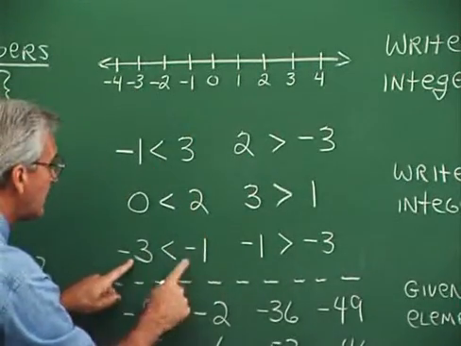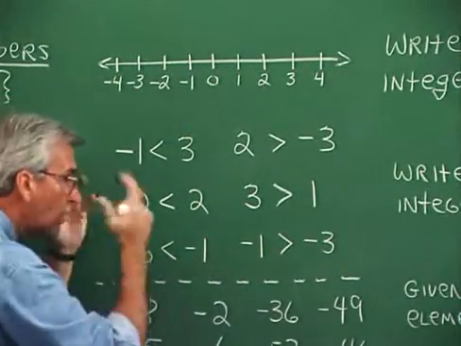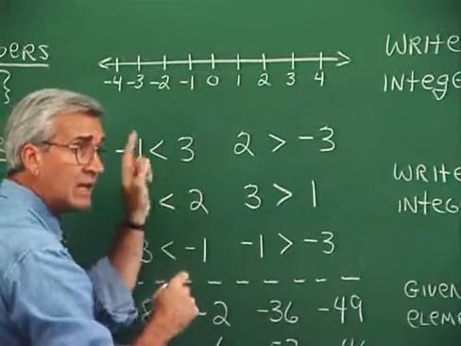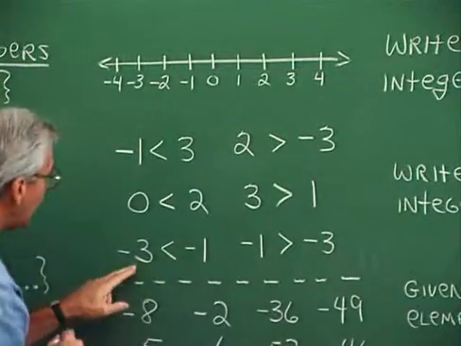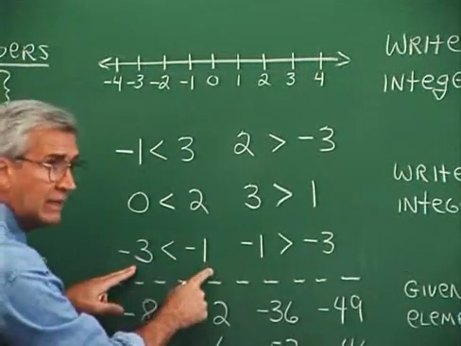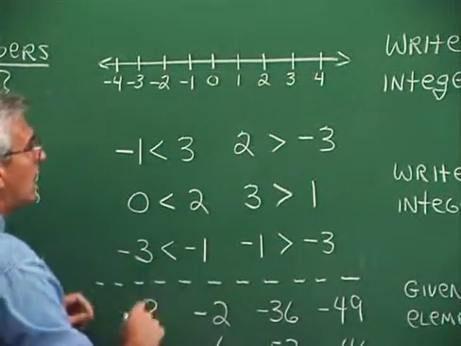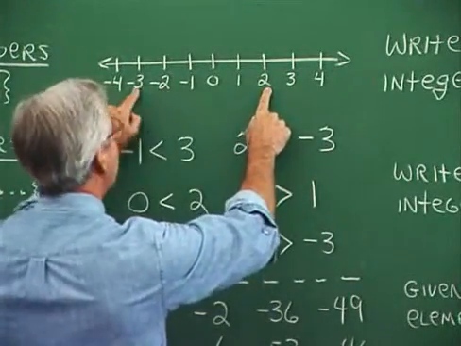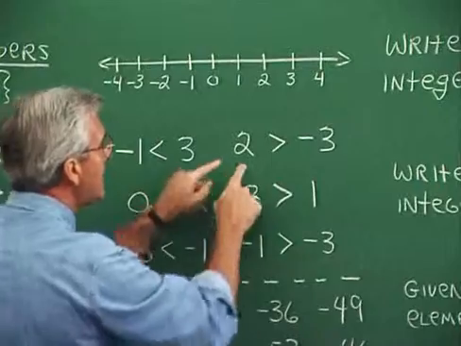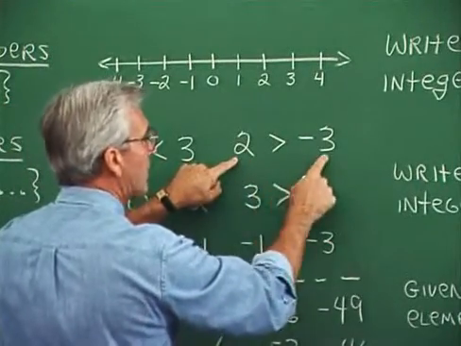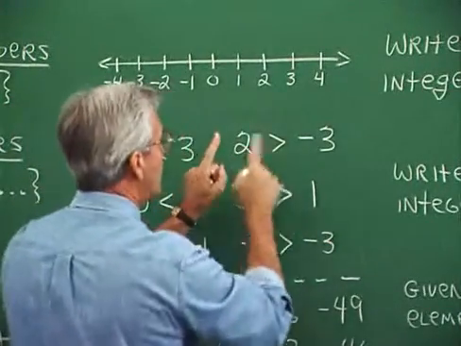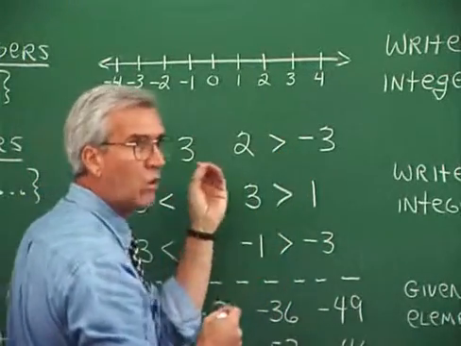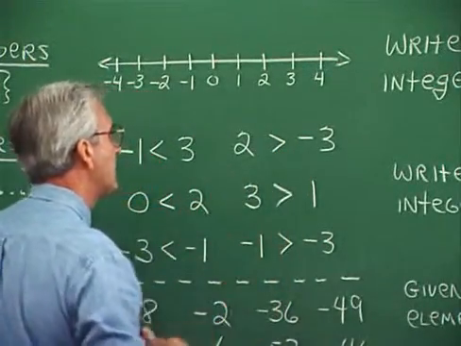But when we just look at the digits 3 and 1, it sort of goes against the grain a little bit, because we know that 3 is greater than 1, yet -3 is less than -1. All right, and 2 is greater than -3 because 2 lies to the right of -3. And indeed, any positive number is going to be greater than any negative number. So when we see positive numbers and negative numbers in this order relationship, we can very quickly determine which one is larger than the other.